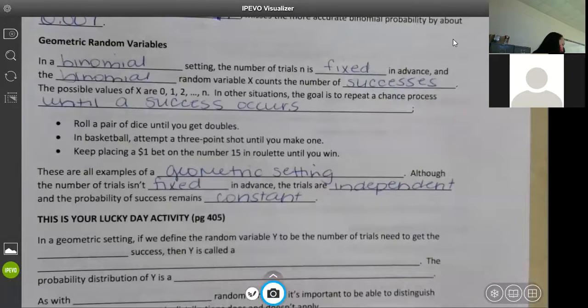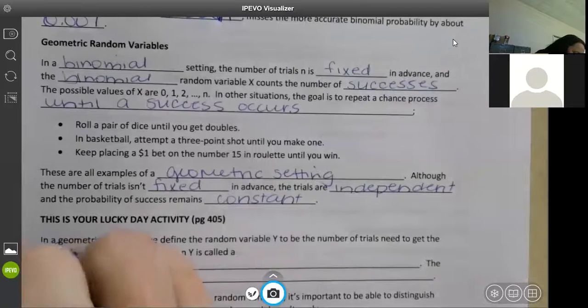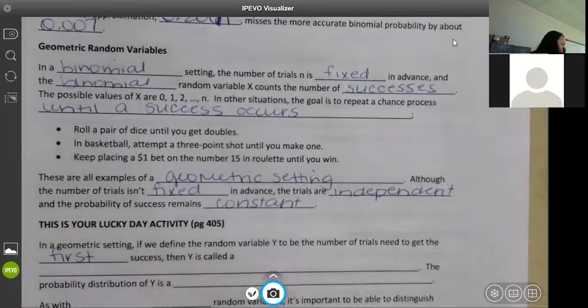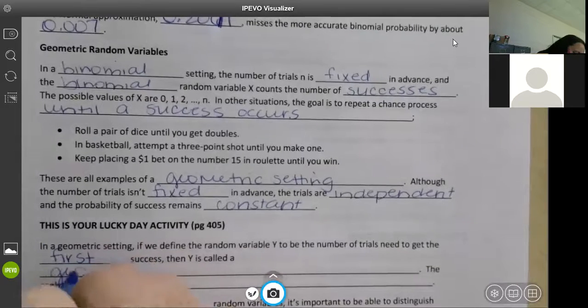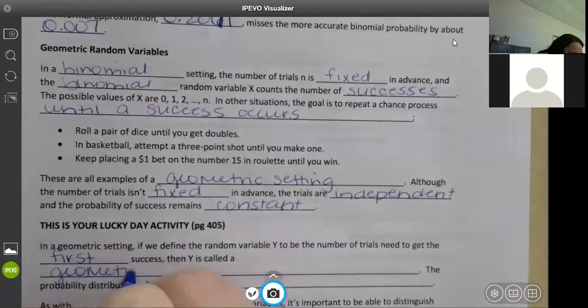So in a geometric setting, if we define the random variable y to be the number of trials it takes to get the first success, then y is called a geometric random variable.